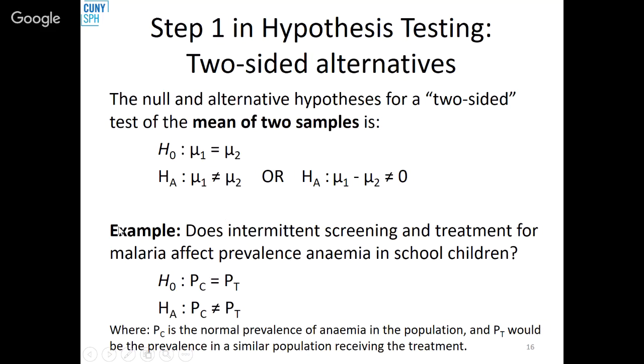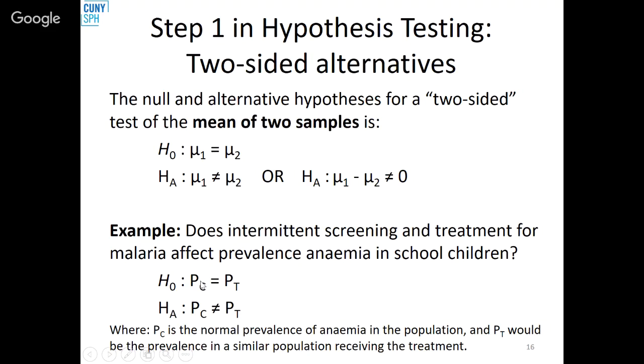And we can also write down null and alternative hypotheses for proportions. So in that example of the intermittent screening and treatment for malaria, their null hypothesis was that the proportion of, they had several outcome measures, but for one of them was the prevalence of anemia.